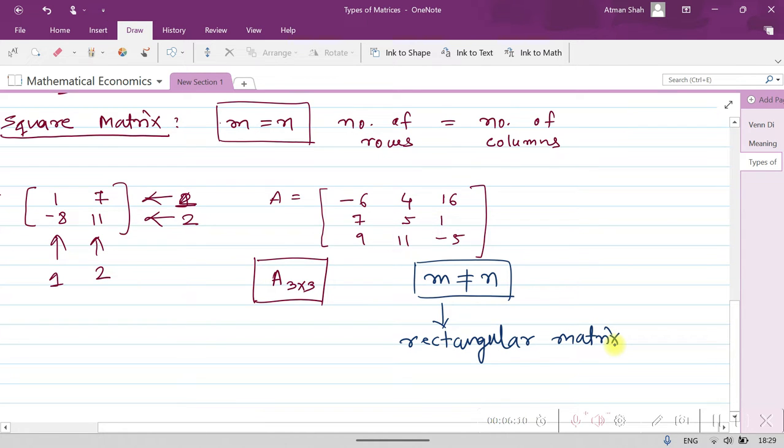So suppose you have matrix B 2 cross 3 or matrix C 3 cross 4. These kind of matrices are rectangular matrices in which M is not equal to N.